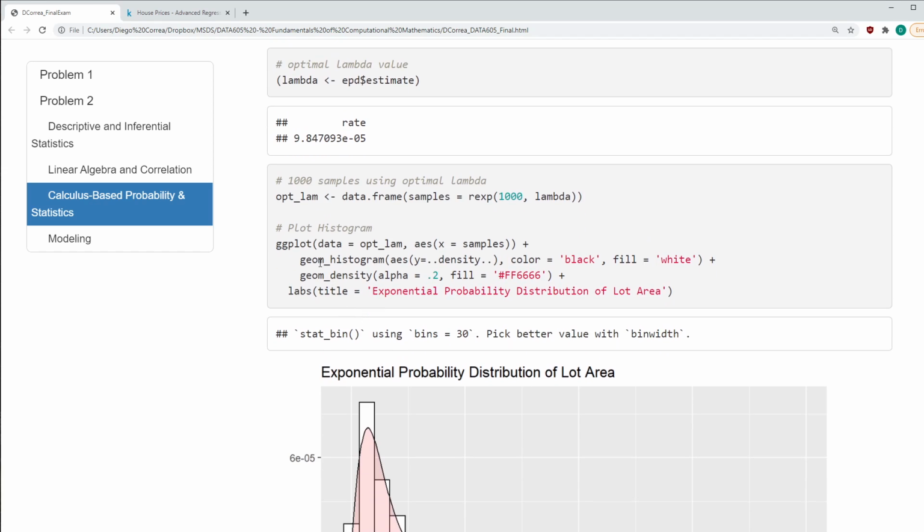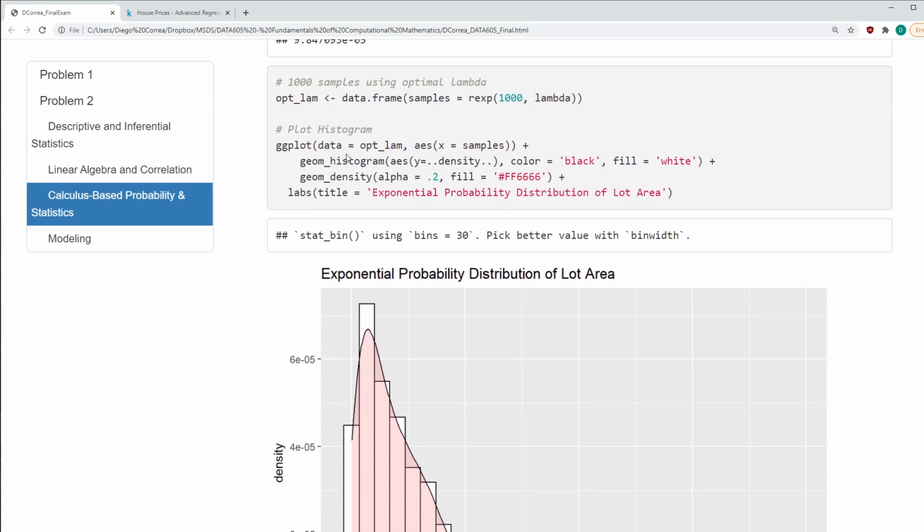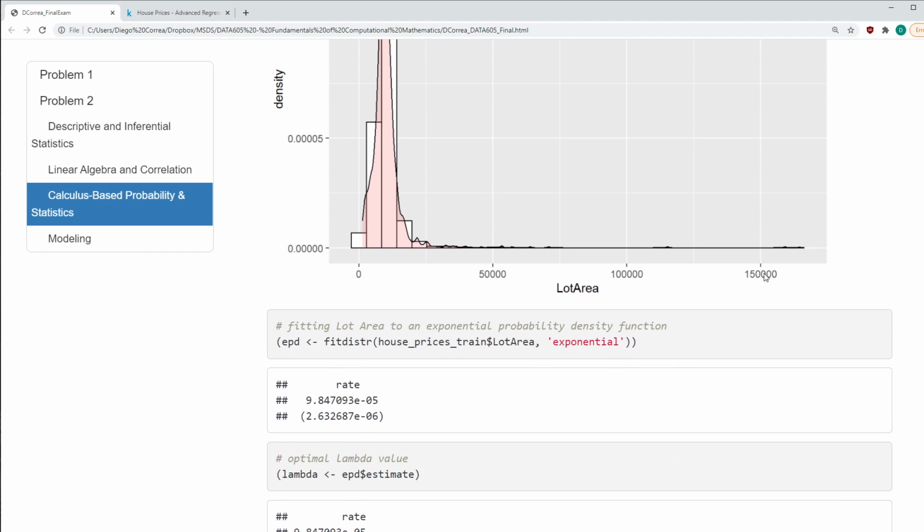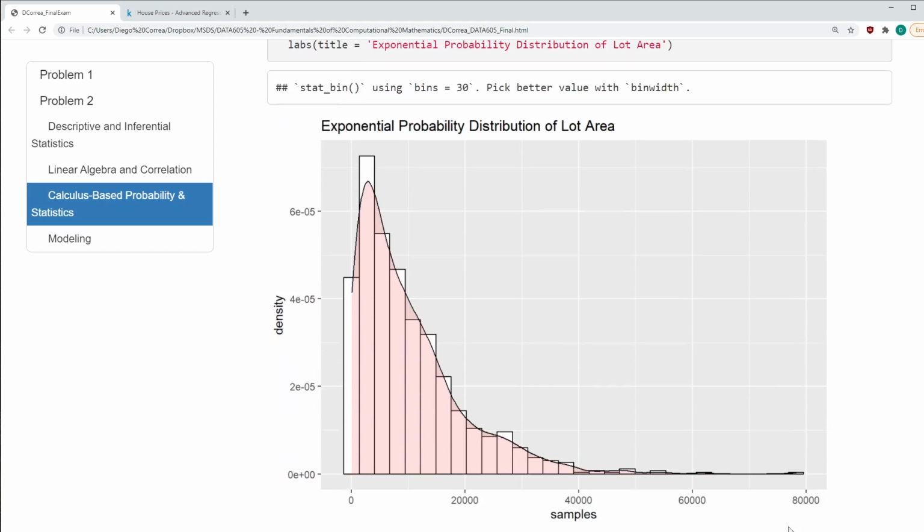Next, I graph the histogram of the variable. Here we see that the range is much smaller than what we saw above. This goes to 150,000, while this goes to 80,000, and is much smoother.